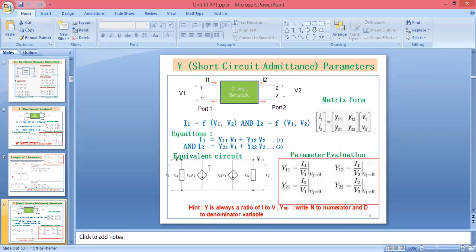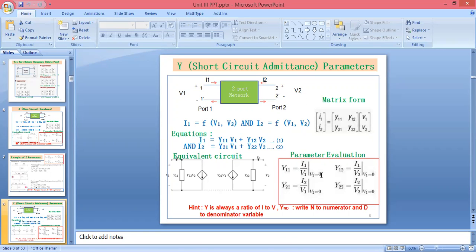As we are calling these the short circuit admittance parameters, we call them Y parameters. So we have to convert these equations into the form of Y parameters Y11, Y12, Y21 and Y22. How will you convert them? We can consider voltage V1 or V2 as 0.